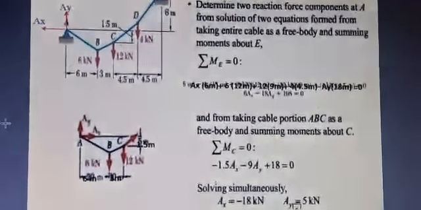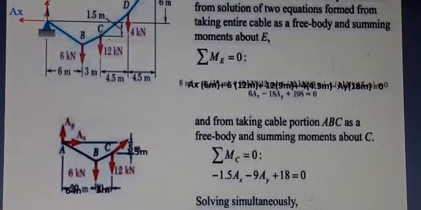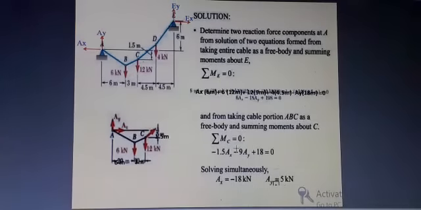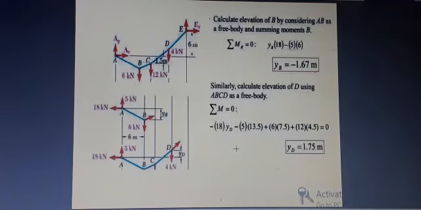Applying the condition of equilibrium, that is, moment about point C is equal to 0, you will get an equation in the form of AX and AY. Comparing this equation with equation number 1, or solving both equations simultaneously, you will get the values of AX and AY, which are AX is equal to minus 18 kilonewton and AY is equal to 5 kilonewton.